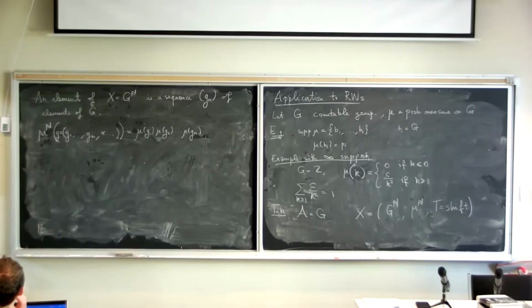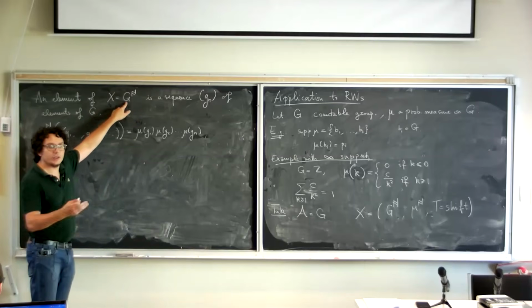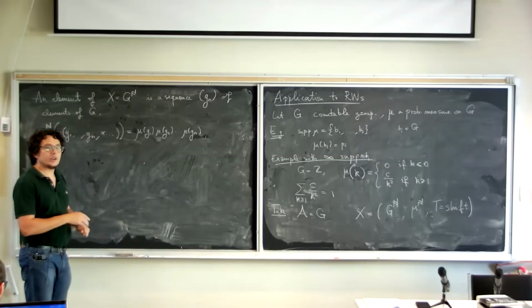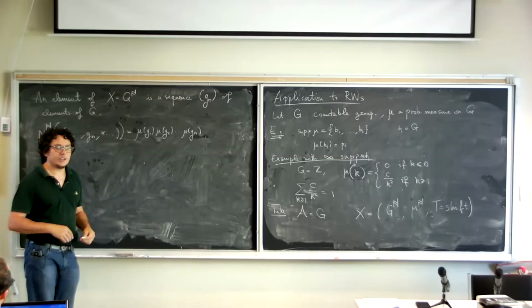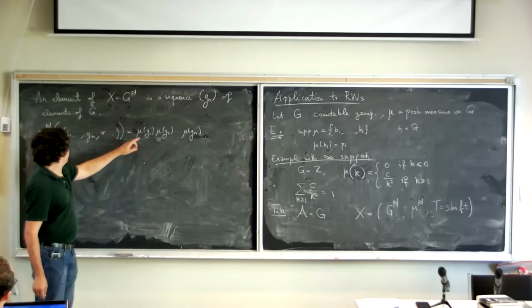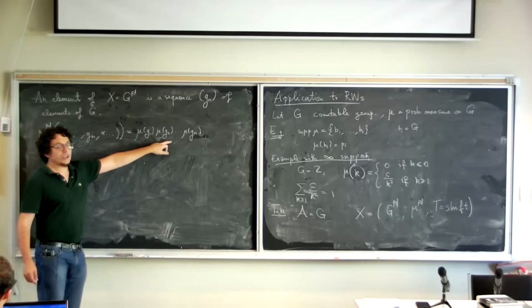So we take the product of the weights. It's exactly the same as the shift map for the Bernoulli shift, but its alphabet is just a group now. Yes? No, we haven't talked about the group structure yet. So these are just really elements of G.